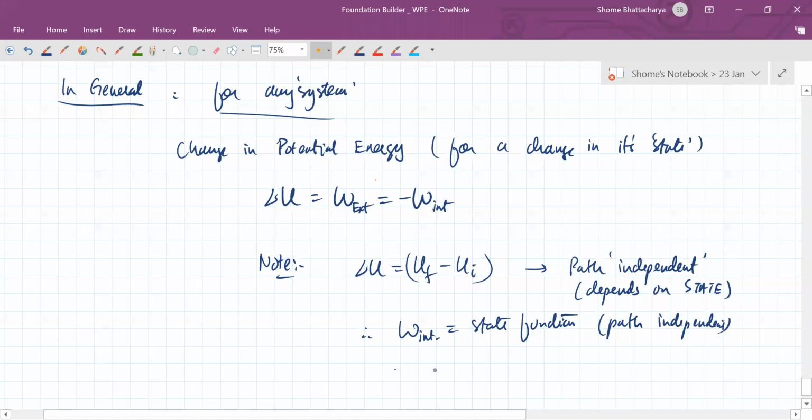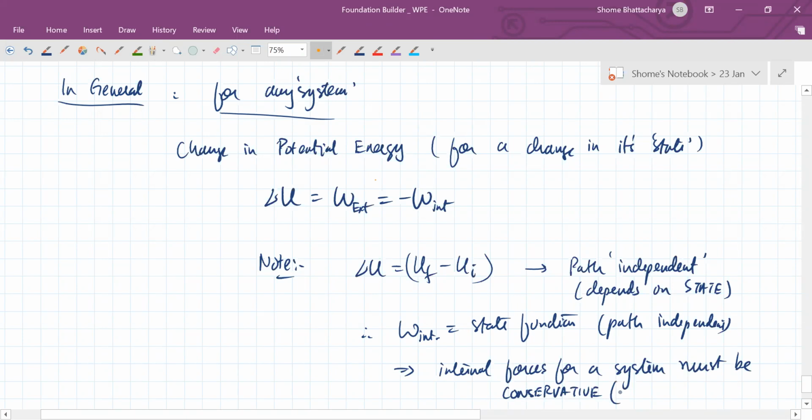So that by definition tells us that the internal force for a system must be conservative. Otherwise, we cannot define them as internal force.